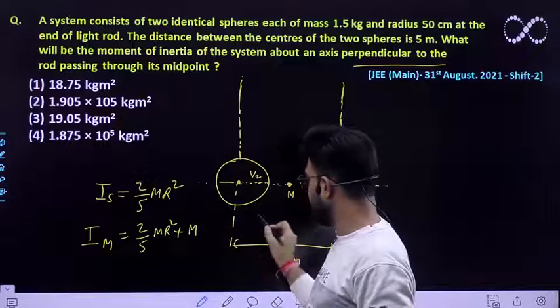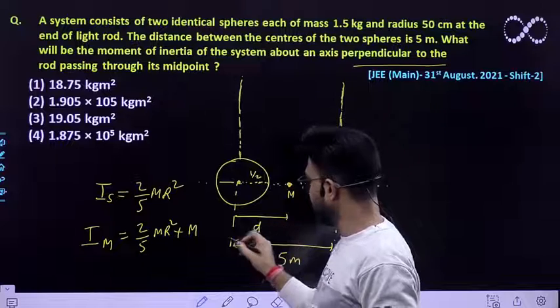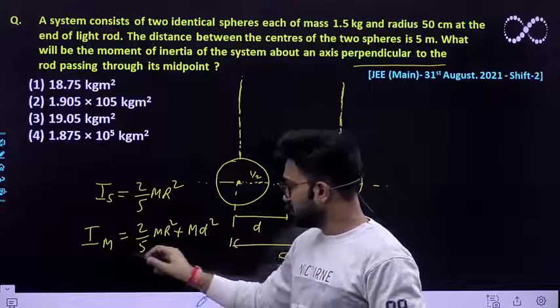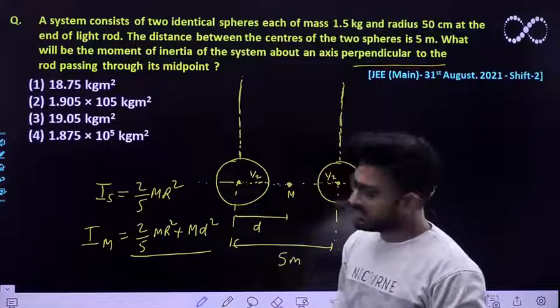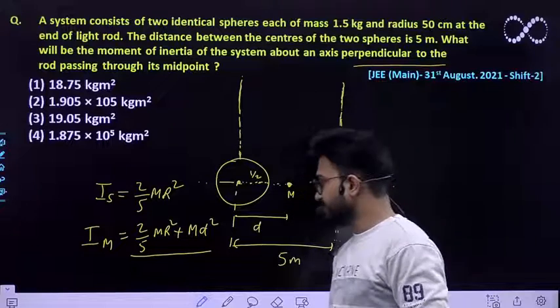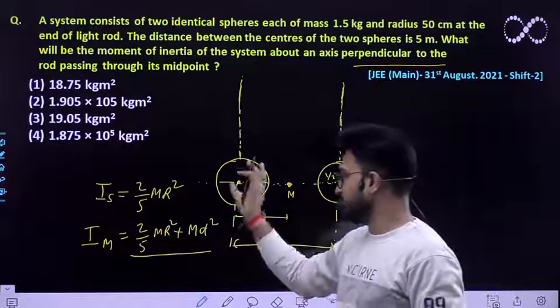Let this perpendicular distance be d, so it would be m into d square. So this is your parallel axis theorem that we already know.